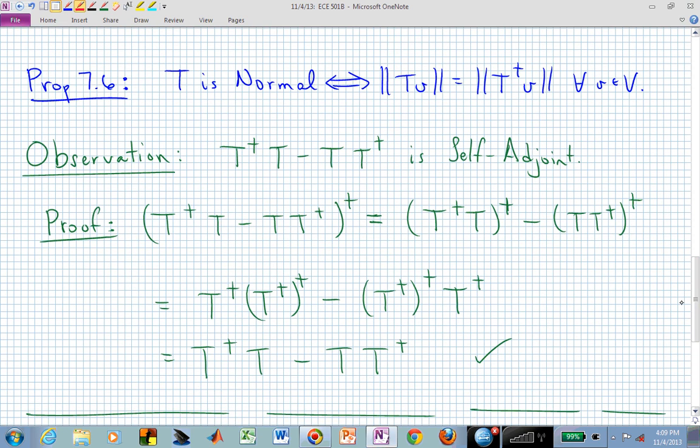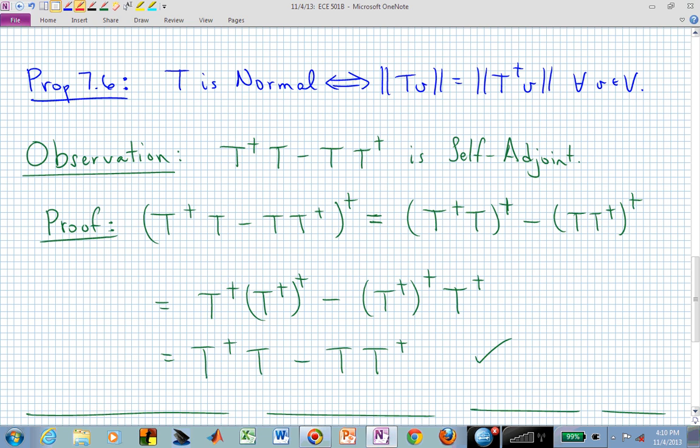If we take the adjoint of a sum of terms, that's equal to the sum of the adjoints. That's the first line. The next line is to take the adjoint of things in the parenthesis. And it's like this matrix multiplication. If you took the inverse of AB, what's that equal to? B inverse A inverse. You can reverse the order.